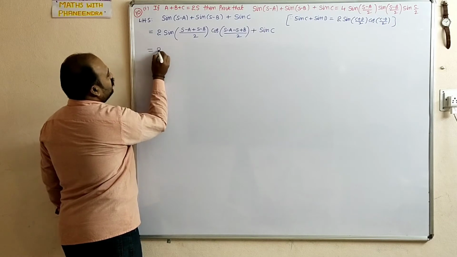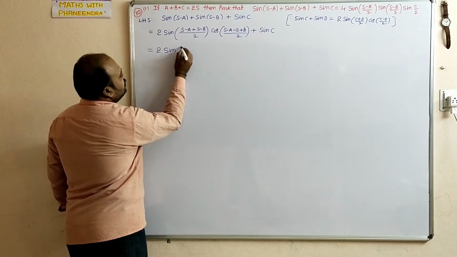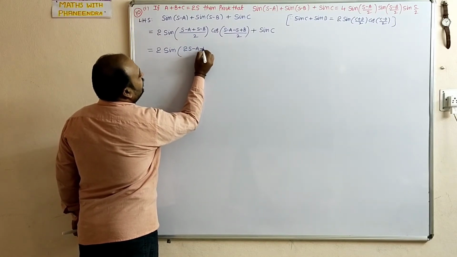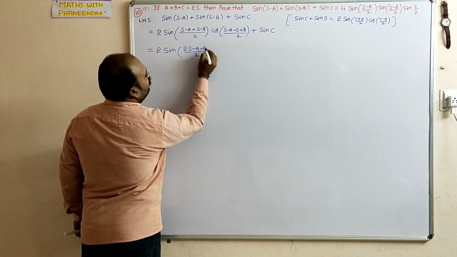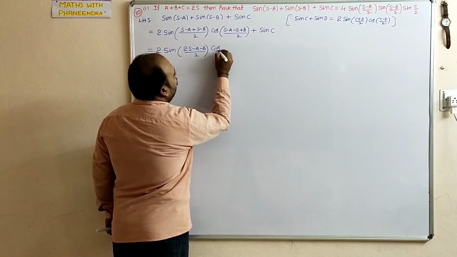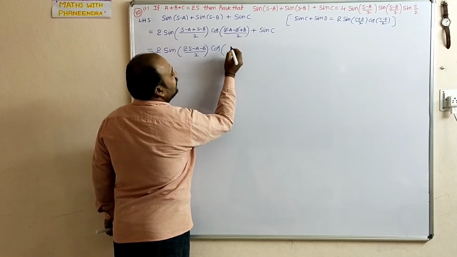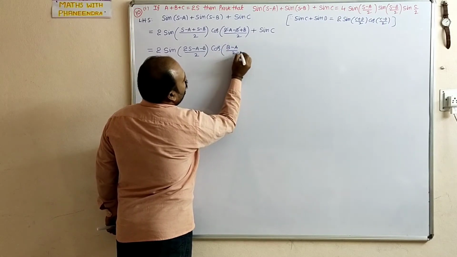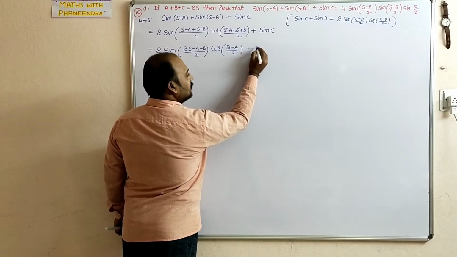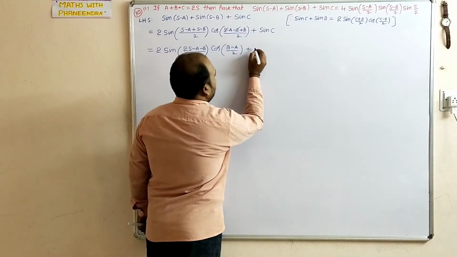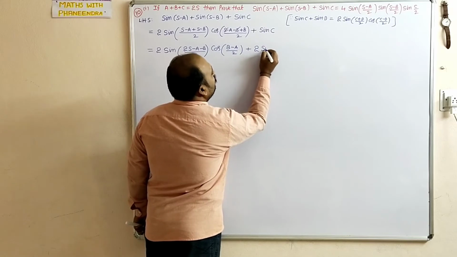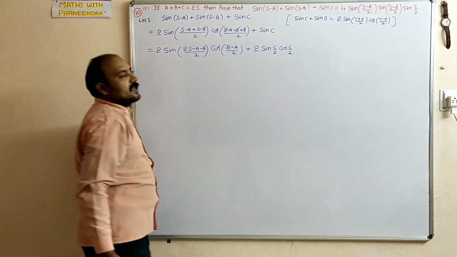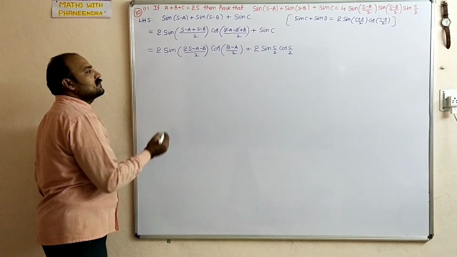So which is equal to 2 times sine of 2s minus a minus b divided by 2, cos of, minus s plus s gets cancelled, b minus a divided by 2, plus sine c. Sine c can be written as 2 sine c by 2 cos c by 2, the half angle formula.